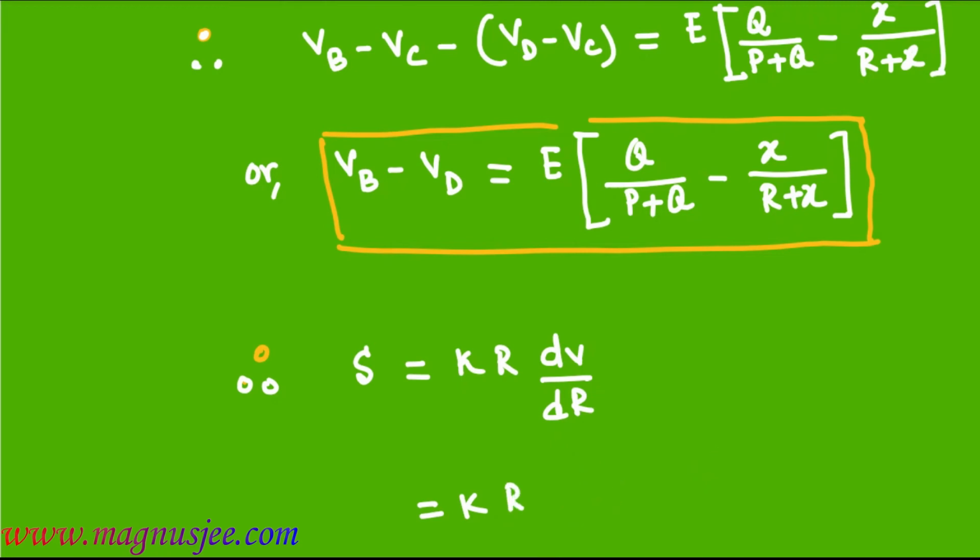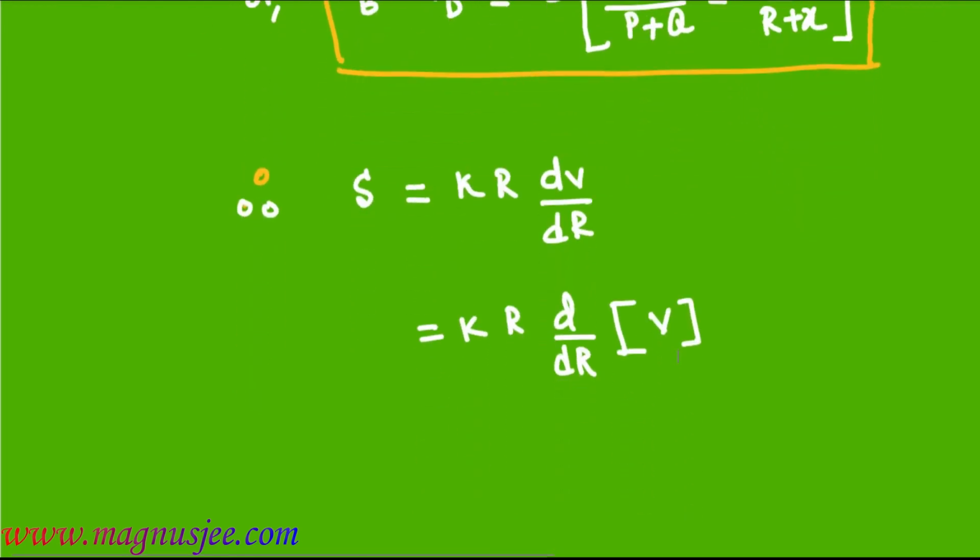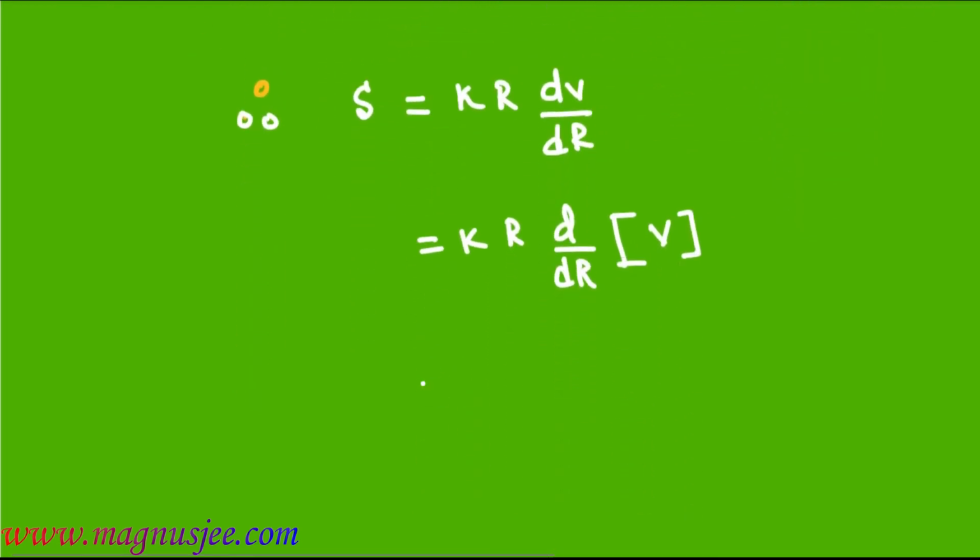Kr d by dr of V. Here V is what? Vb minus Vd, potential difference between the two points B and D. Kr d by dr of Vb minus Vd, bracket closed, equal Kr.